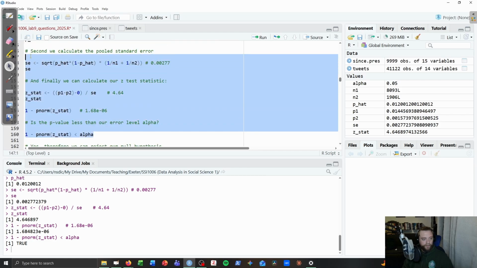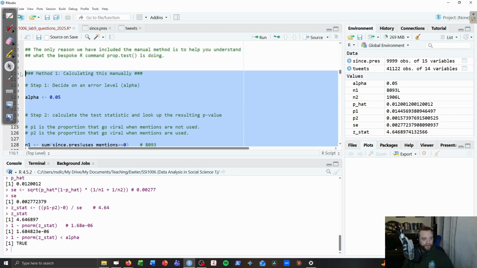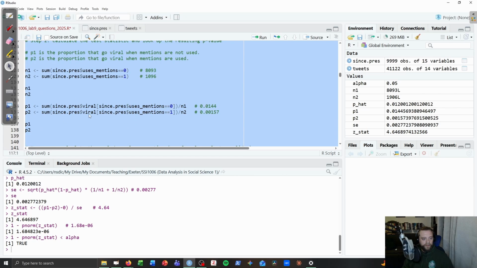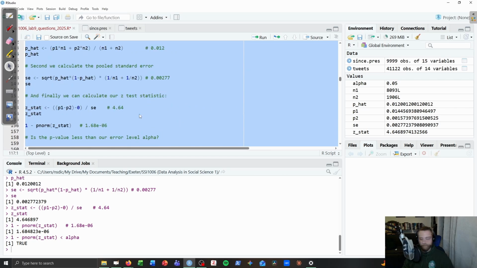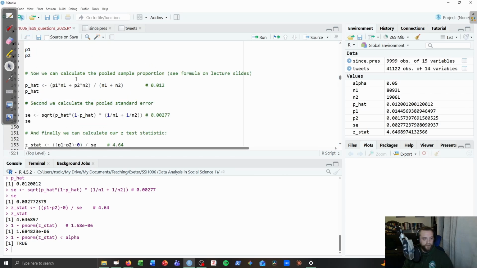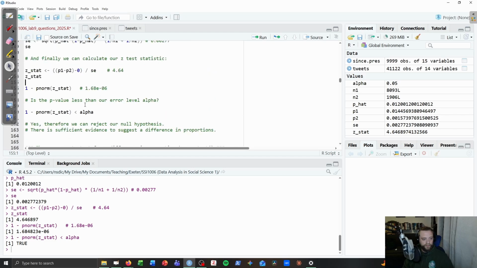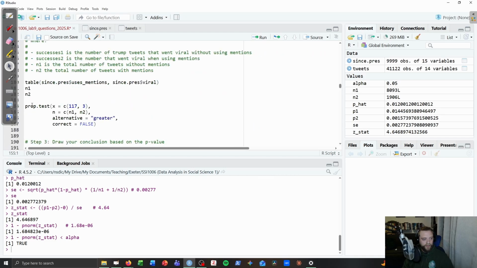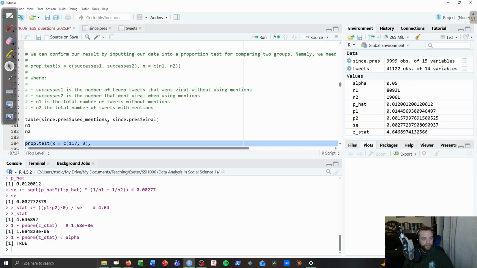Now, again, just like with the manual calculations for our t-tests, we don't need to do all of this every time. This is just to illustrate how the test works through a series of calculations. Instead, what we would use is prop.test. Now, the way prop.test works is that we think about successes in relation to the overall n. So this is a little bit like our logic for binomial distributions.